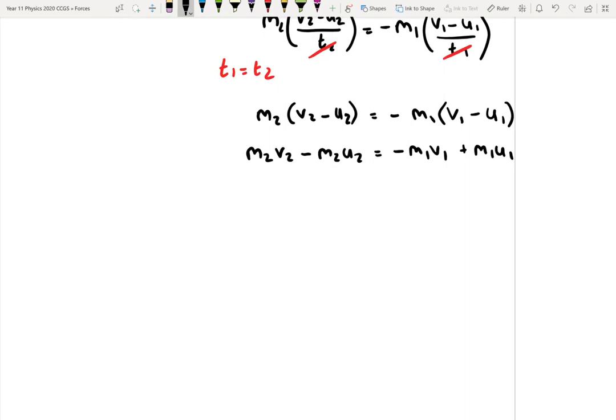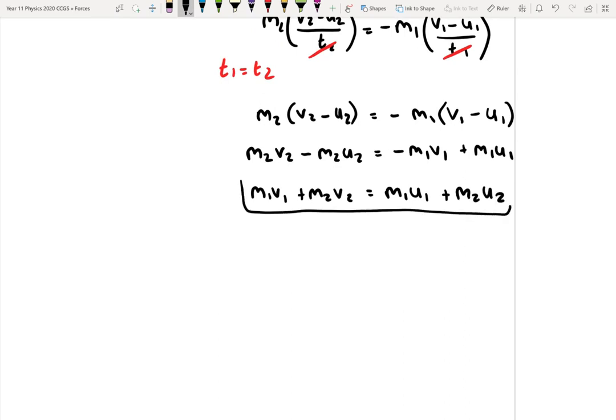We'll say M1 v1 plus M2 v2 equals M1 u1 plus M2 u2. So that is our derivation of our conservation of momentum, just written the other way around. This is saying that the sum of the final momenta equals the sum of the initial momenta.